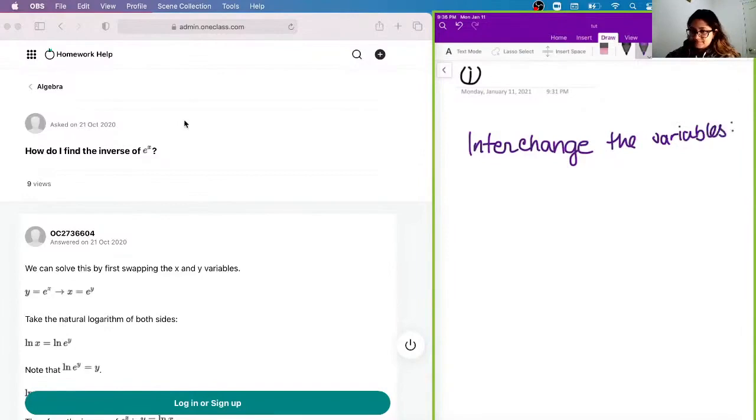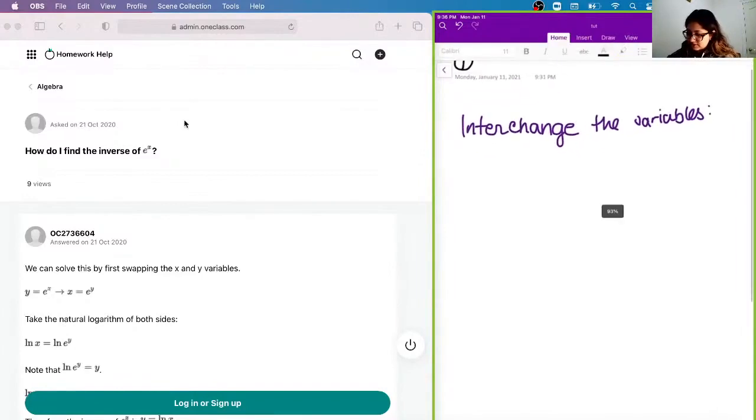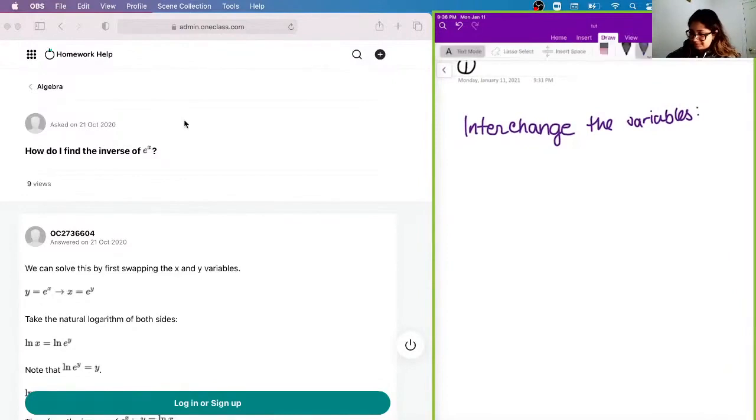We have our normal equation, where a normal exponential function looks like y is equal to e to the power of x.